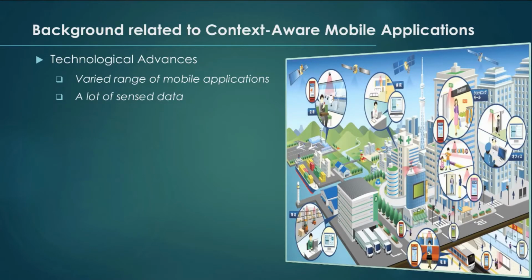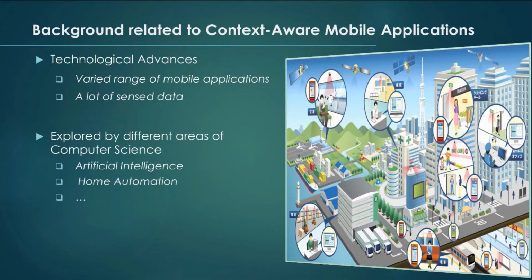Technological advances have determined a wide range of mobile applications with IoT sensing of data, with artificial intelligence, home automation, but it also has been addressed by different authors from different perspectives.